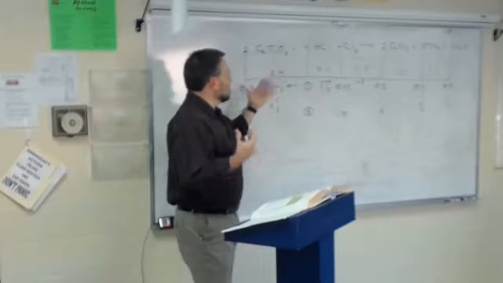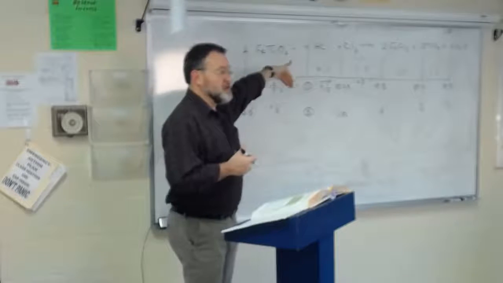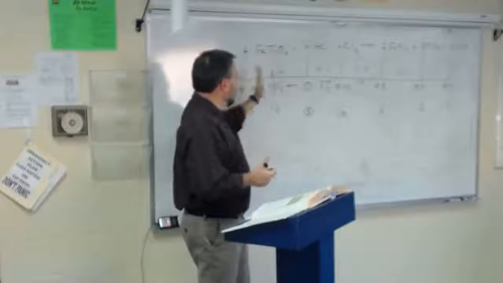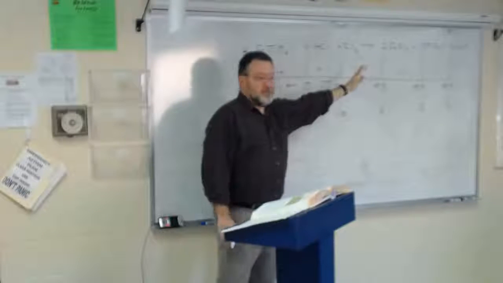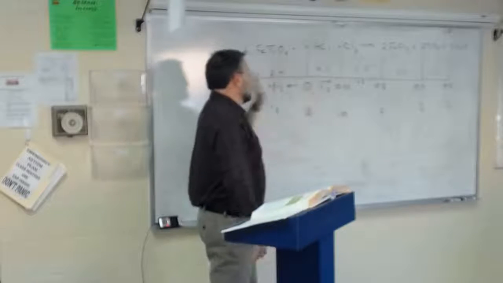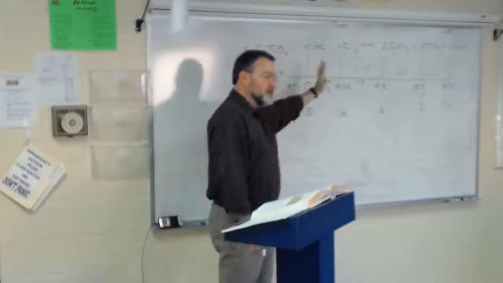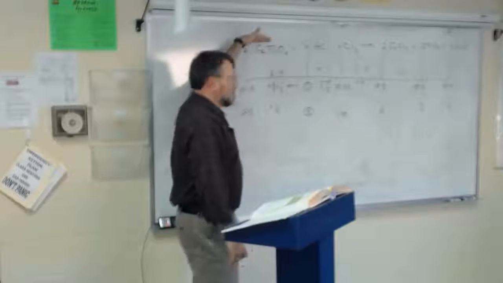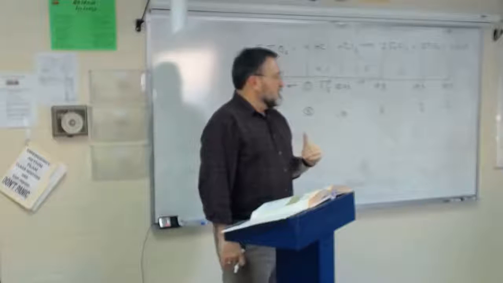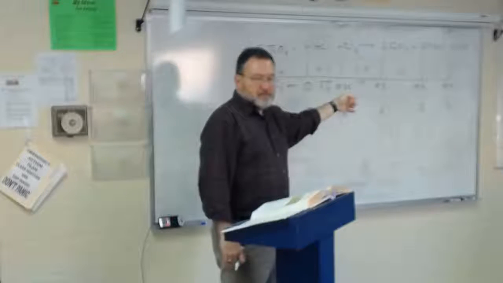So hopefully, at least in here, the big thing is the process: how do I go from a known to an unknown? I do that by computing the multiple. What's the multiple going to be as I move from one direction or the other? How to compute it correctly? And then analyzing the equation to see, okay, what is my limiting reactant? Whatever's limiting my reaction sets how much product I'm going to make.